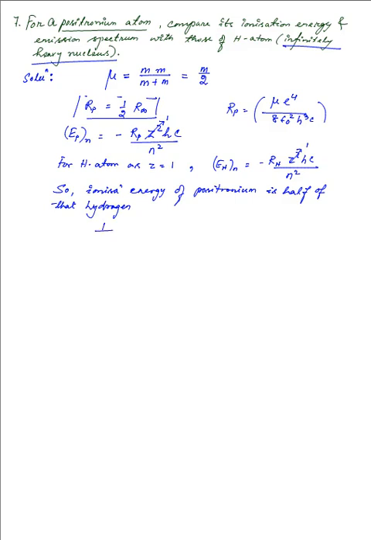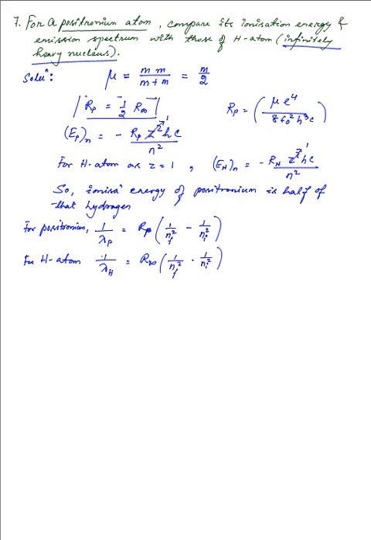Now, as for positronium, we have 1 over lambda p to be equal to Rp times 1 over the final square minus the initial square, and in case of hydrogen, we have 1 over lambda h to be equal to R infinity over here, and the same thing, 1 over nf square minus 1 over ni squared.